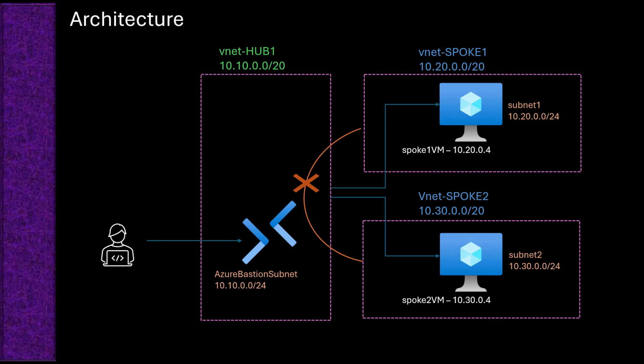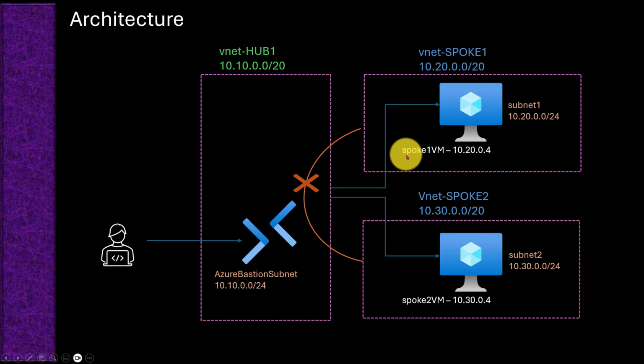See, when we have multiple virtual networks, as you see on the screen, we've got a VNet Hub 1 virtual network, and then we've got two spoke virtual networks, right? And these spoke virtual networks are basically peered with the VNet Hub 1.